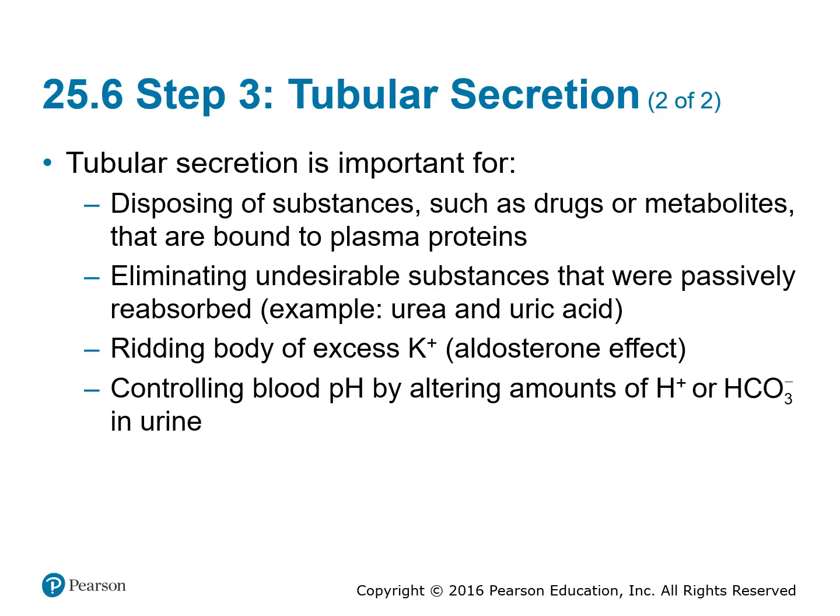Urea and uric acid: uric acid is usually associated with gout. You could have high uric acid levels, or you could have what would have been normal uric acid levels, but the kidney isn't functioning appropriately. There are a couple reasons why you might see a high uric acid level: either kidney dysfunction or an increased intake.